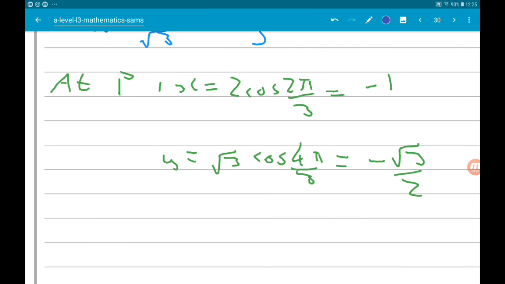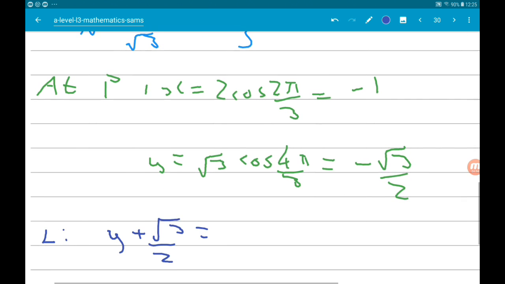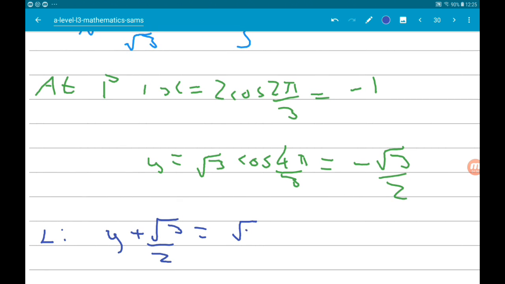So L is of the form y add root 3 over 2 is equal to m, so the gradient was root 3 over 3, times x minus 1, so that's x add 1.